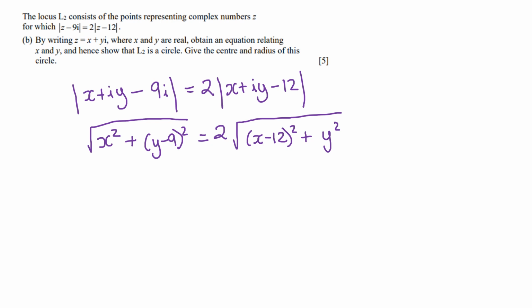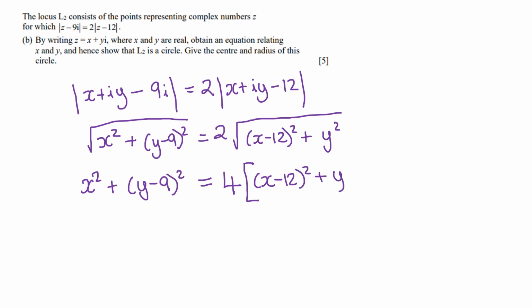So square both sides. So I'll get x squared plus y minus 9 all squared equals, that thing's not squared, so I have to square that 4, and then lots of, another bracket, x minus 12 all squared plus y squared. So basically I've just got rid of the square roots. I have to square that one though.